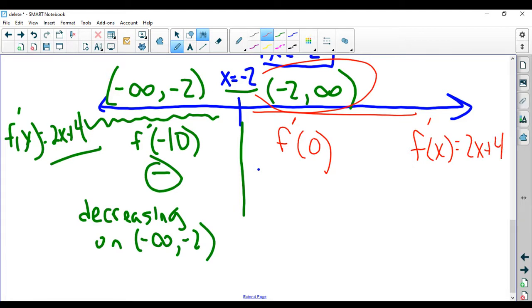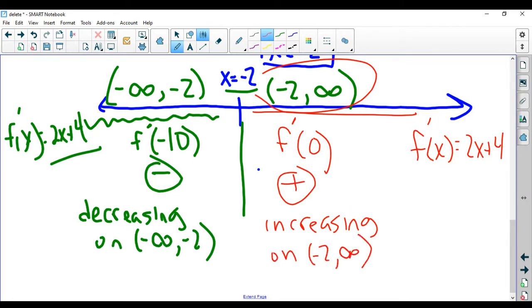Now, I don't care that I get 4. I just care that it's a positive 4. So that means every test in this interval will be positive. That means we're increasing on that interval. So that's the intervals that this function is increasing and decreasing.